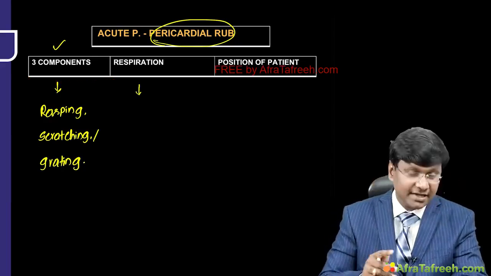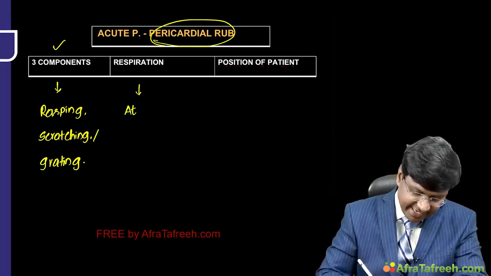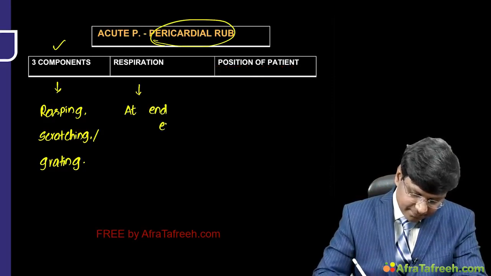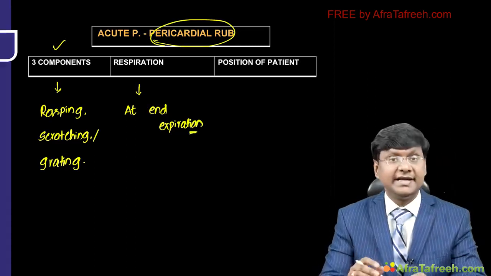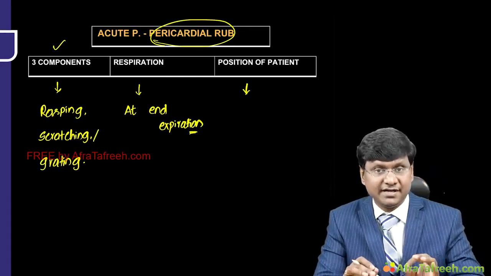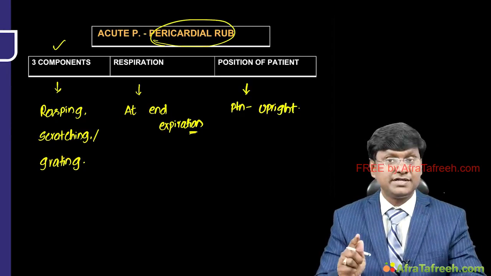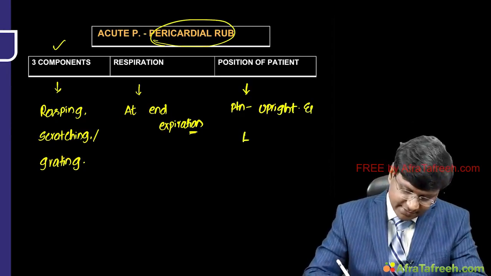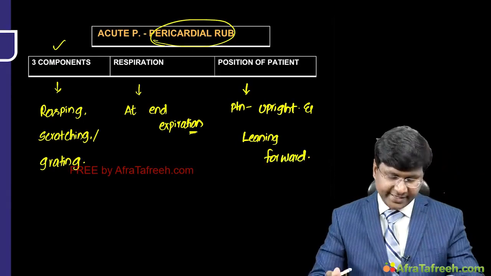And this rub of pericarditis is most frequently heard at end expiration. And the position of the patient when you are auscultating for the pericardial rub is that the patient should be made to sit upright and lean forward.